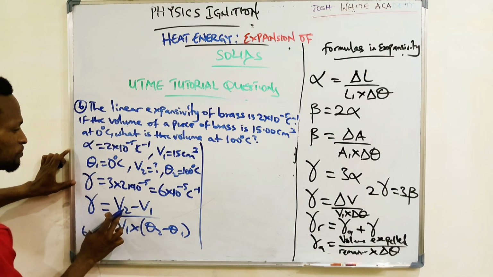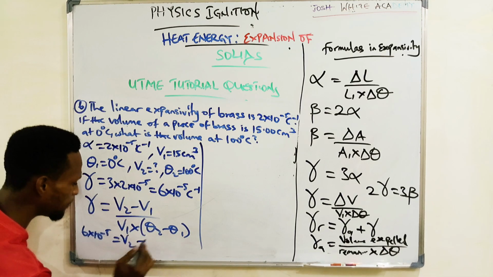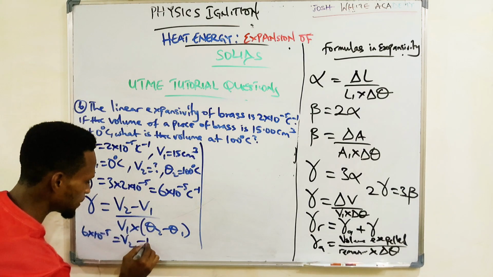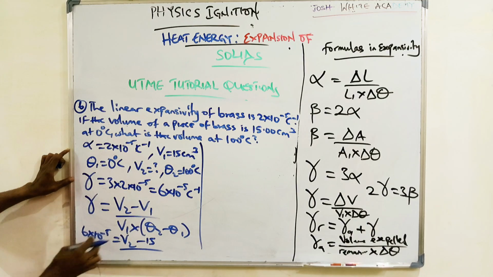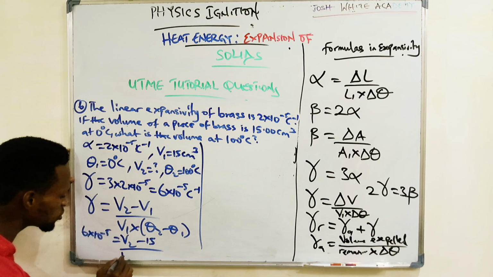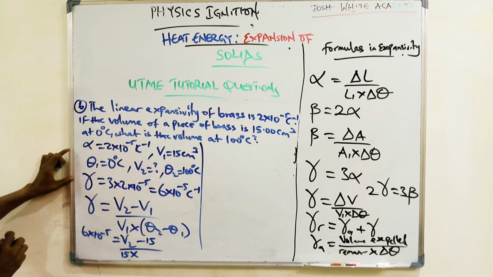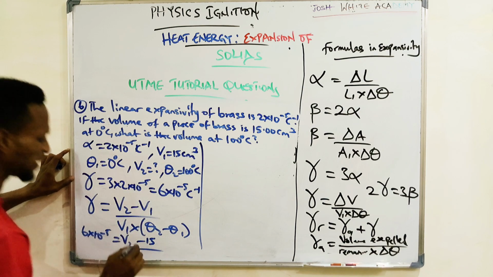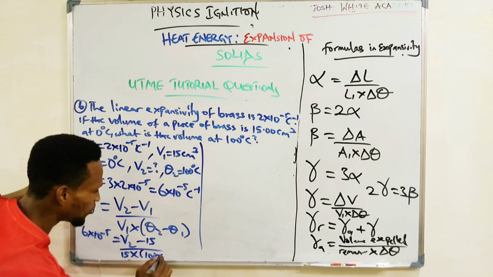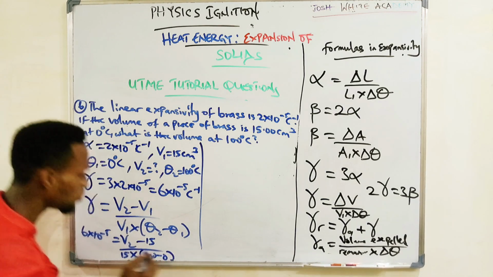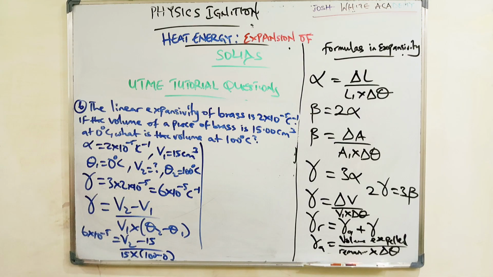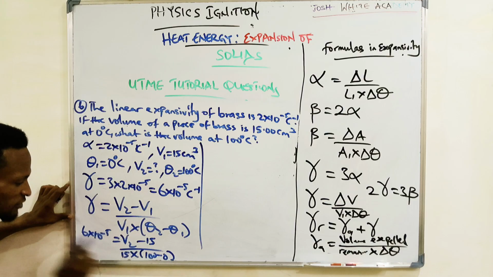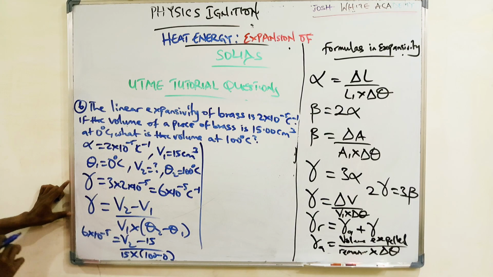Our final volume is what we are looking for, V2 minus our V1, which is 15, all over our initial volume, 15, times change in temperature, θ2 minus θ1. That's 100 minus 0. Now let's solve. 100 minus 0 will give us 100. 100 times 15 will give us 1500.